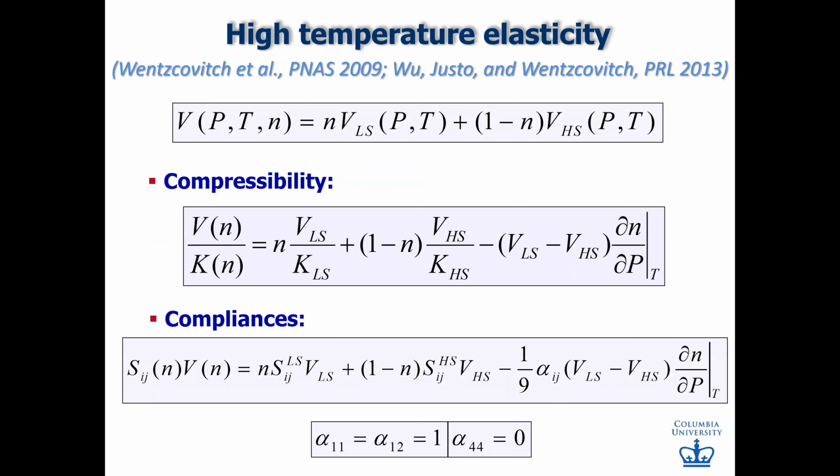So we developed a formalism for elasticity across the spin transition. I don't have time to go through it, so please ask me later if you want to know more. But it is based on an ideal solid solution, and we developed a formula for the compliance, with the components of the compliance tensor of the solid solution.